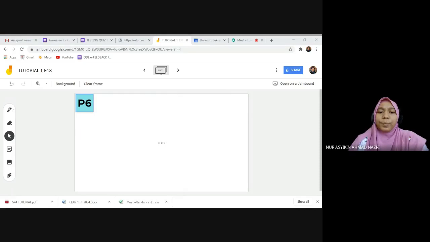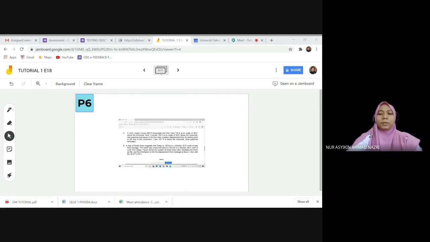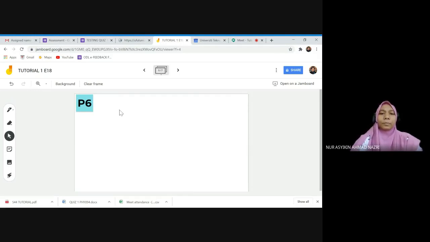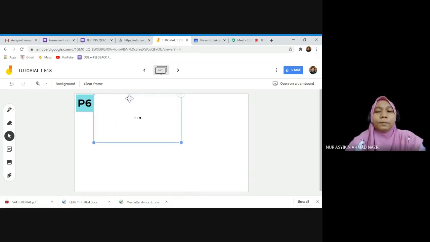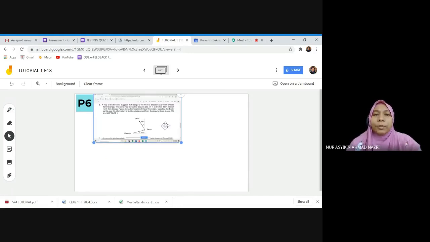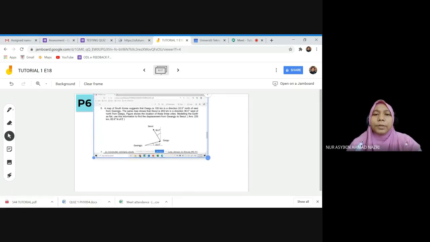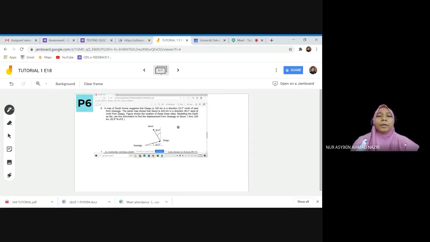Question number 6 agak lagi senang sebab apa? Okay, question number 6 supposed to be very simple question since here already given the diagram, the vector diagram, the graphical semua dah bagi.